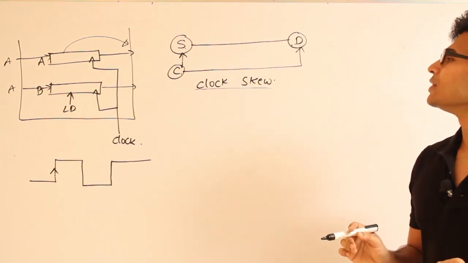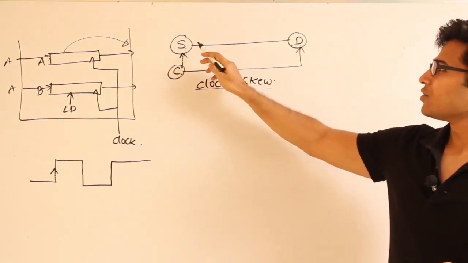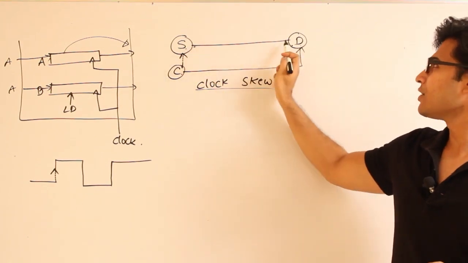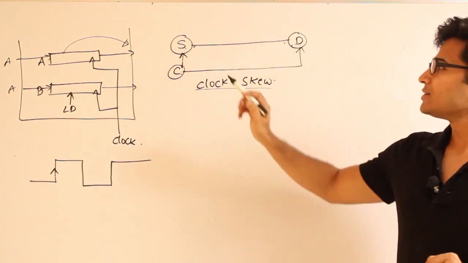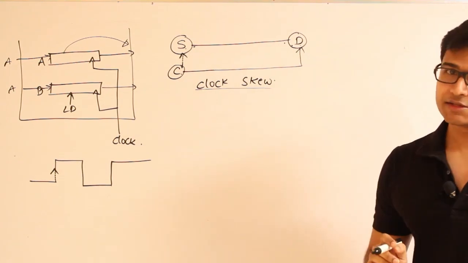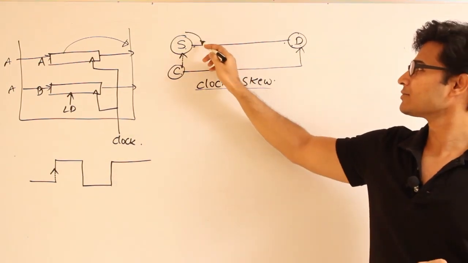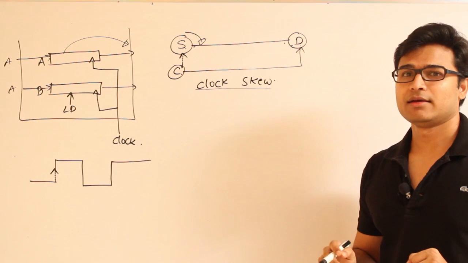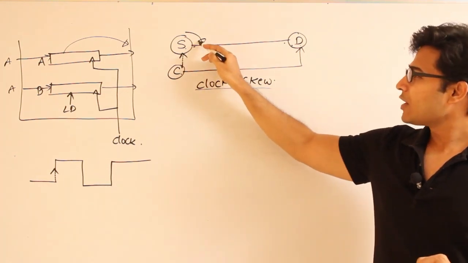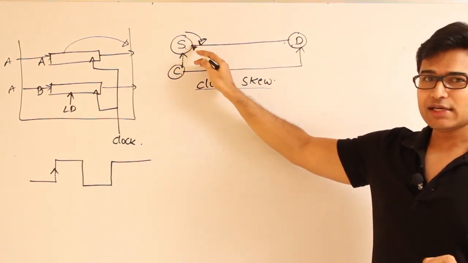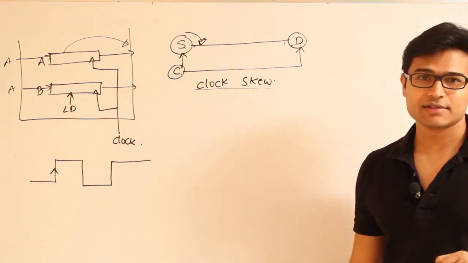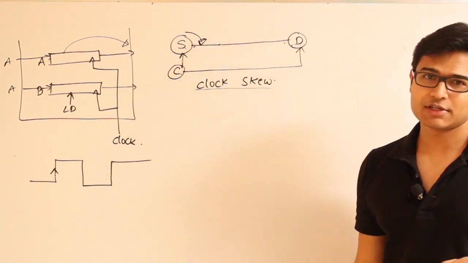The confusion is simple. When is the source sending the data to the destination? Let us say the source wants to send data to the destination, and it has kept the data here. Now, for how long should the source let the data stay on the bus or on this communication channel?